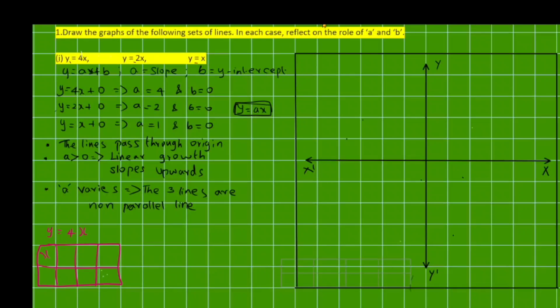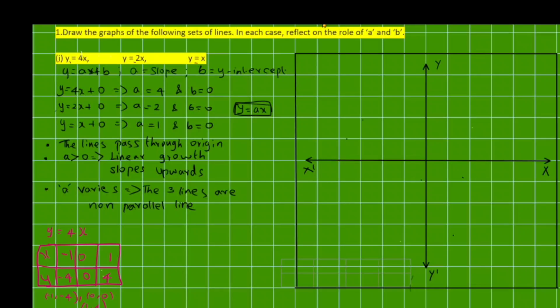If I replace x as -1, I get y as -4. If I replace x as 0, I get 0. If I replace x as 1, I get y as 4. Immediately plot the points. The first point is -1, -4, the second point 0, 0, the third point 1, 4. Now plot the points and draw the line.